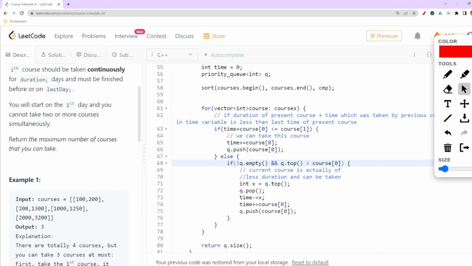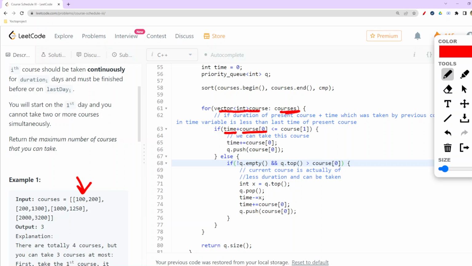Now next, this is our main logic which is required here. Because this is a vector of vectors, we will take one particular vector from our courses vector, then we will check the time and the course, basically the duration.